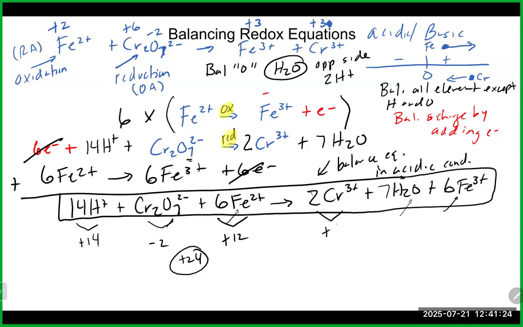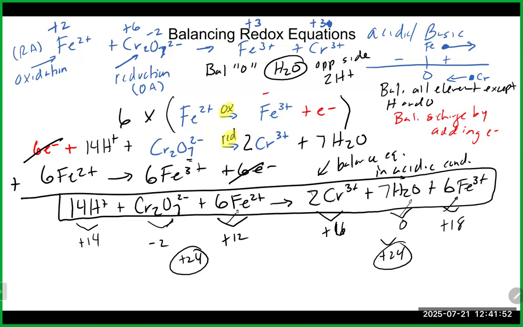That is a plus 8, plus 6. This is a 0, and that is a plus 18. 18 and plus 6 is a plus 24. So again, this would be the balanced equation in acidic conditions, both balanced like a normal equation and also overall charge. First off, any questions on that there?